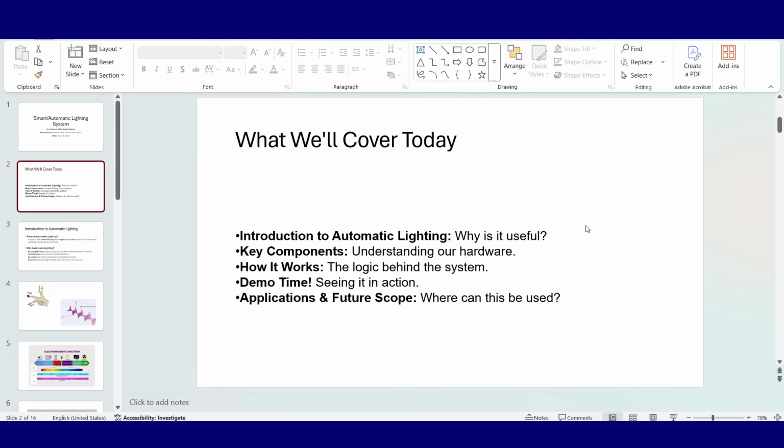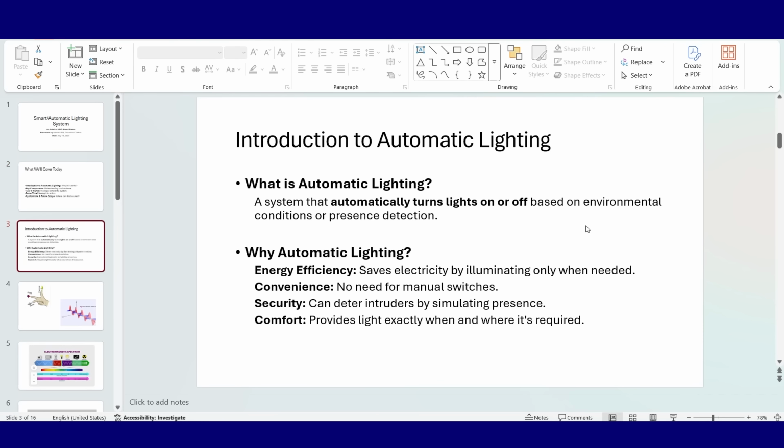Introduction to automatic lighting system. What is automatic lighting system? A system that automatically turns lights on and off based on environmental condition or presence detection. Suppose a person enters a room without manually turning any switch of the light, and is able to turn the light on and off. That is called an automatic lighting system.